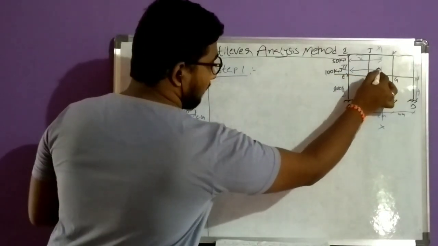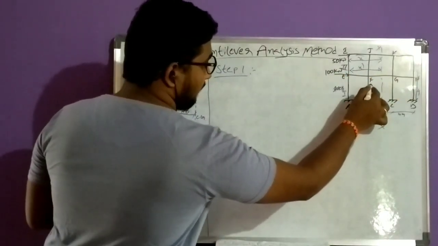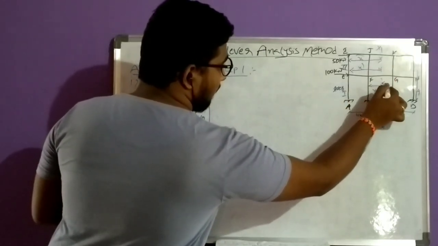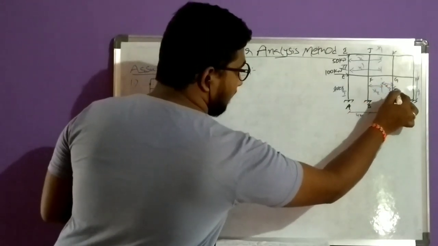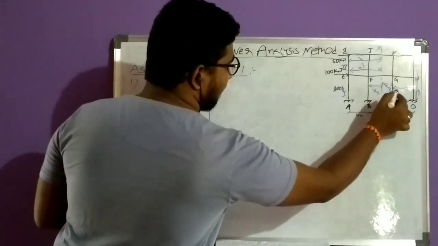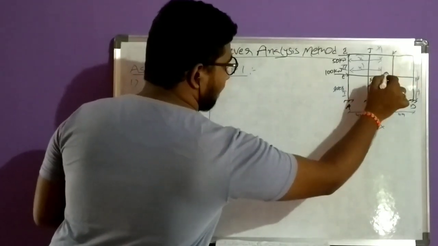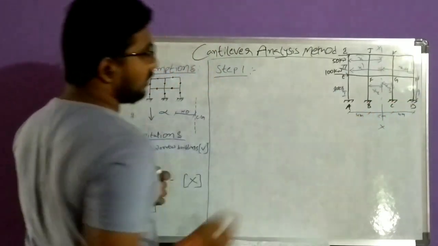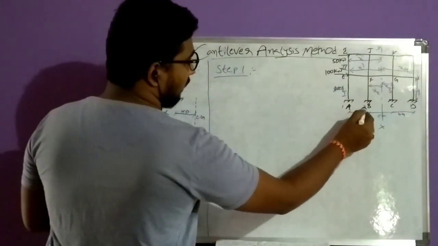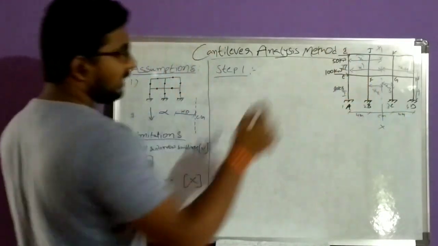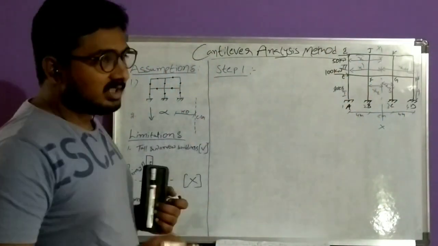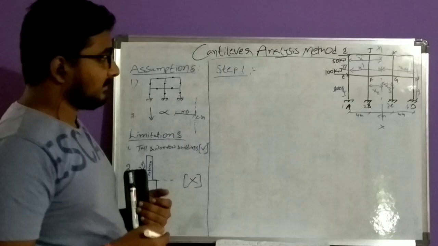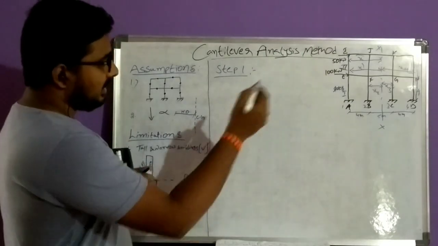X1 is the distance from column 1, x2 is the distance from column 2, x3 is from column 3, and x4 is from column 4. Here, assume the centroidal axis and the horizontal distance of the centroidal axis from each and every column. So from here we can calculate the x dash value.